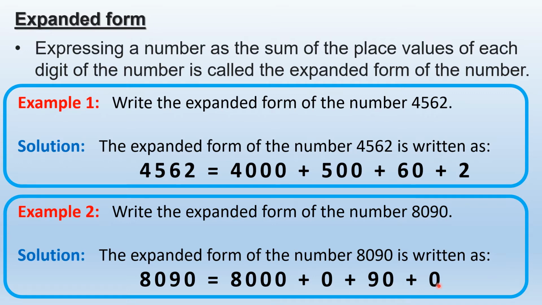So we will write 0 here. So this is how we should write the expanded form of such numbers in which a few digits are zeros. So wherever there are zeros, we should retain the zeros in the expanded form also.